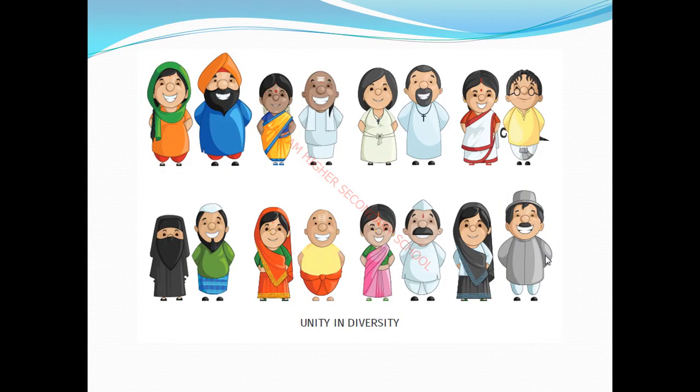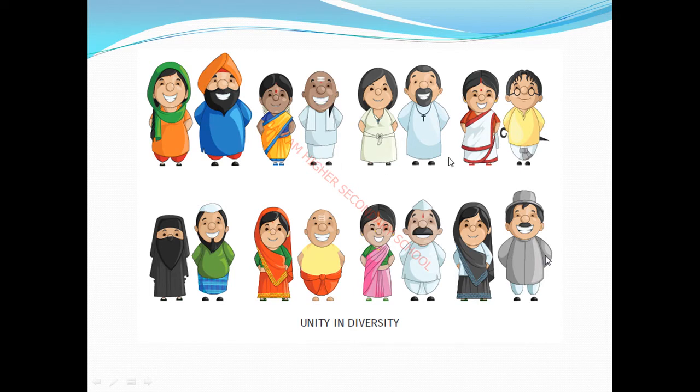Okay. Yes. See, here is another picture. This picture clearly gives an idea about unity in diversity. Take each and every pair as being from a different Indian state. The first pair is from Punjab, and the second pair is from Tamil Nadu.